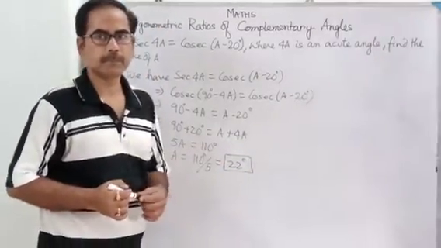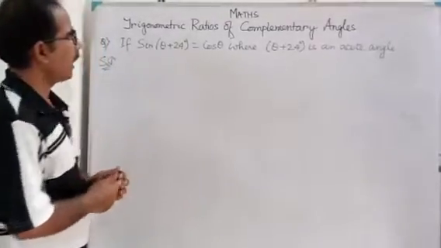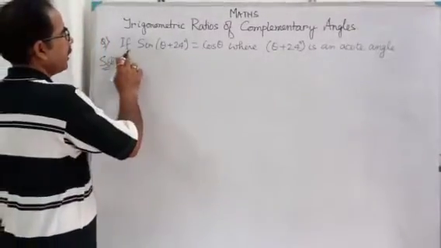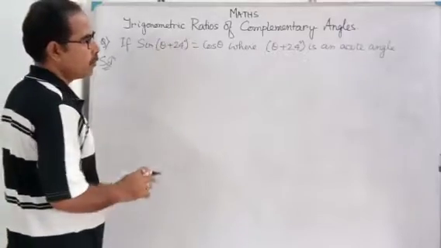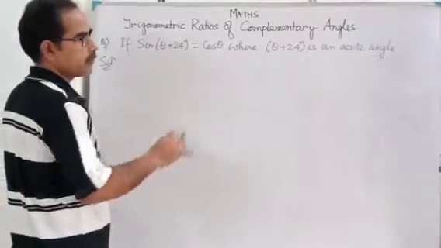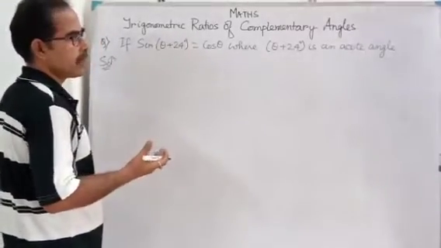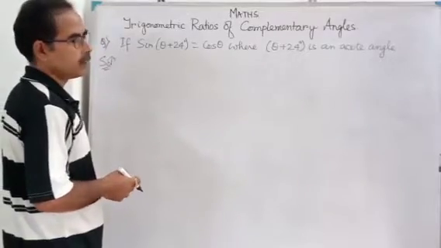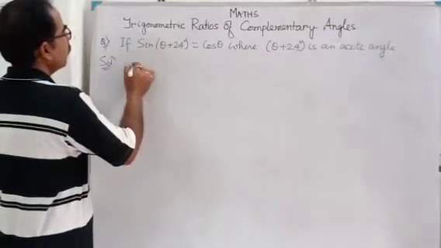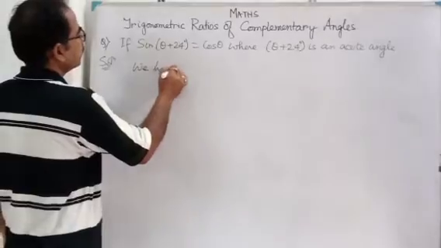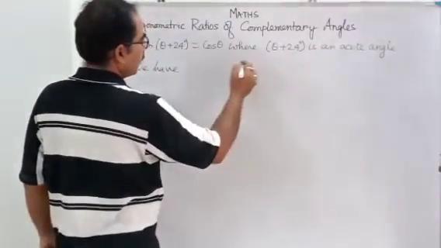Okay, fine. Now another one math I have taken. Look at here. If sin theta plus 24 degree equal to cos theta, where theta plus 24 degree is an acute angle, we have to find the value of theta. Correct? So what we are having, we have here also an acute angle.